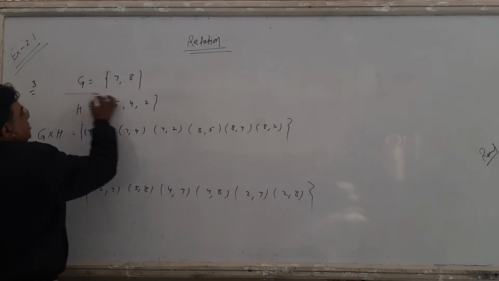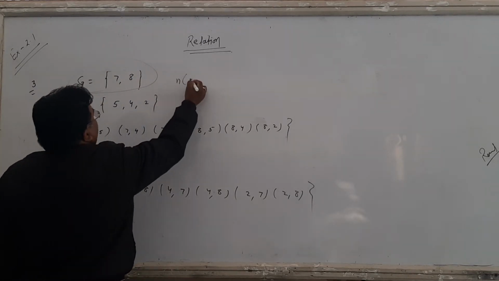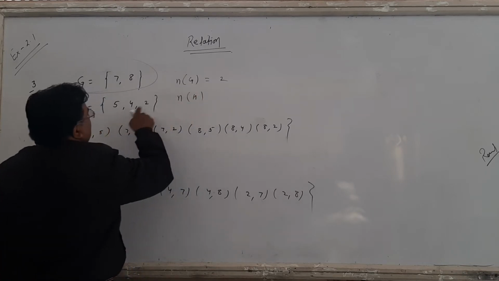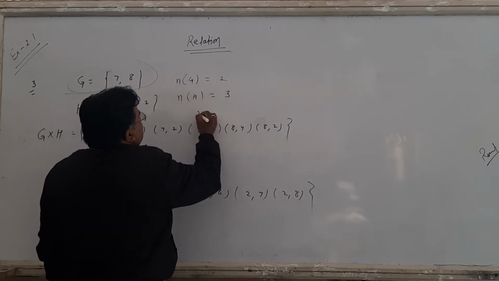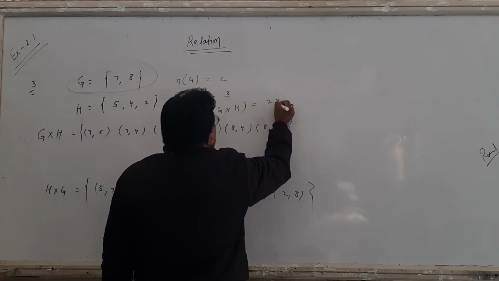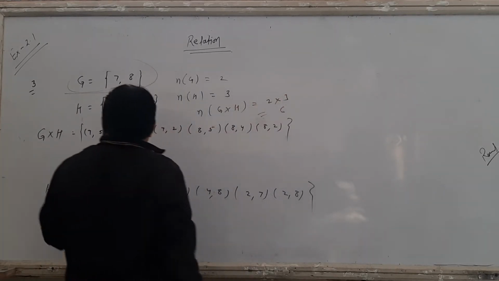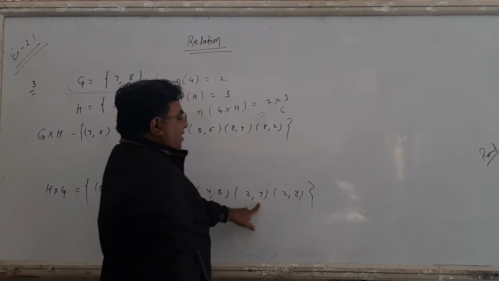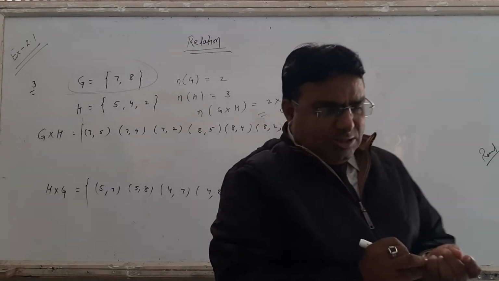The number of elements in G is 2 and in H is 3. So the number of elements in G cross H or H cross G is 2 into 3, that is 6. There are 6 elements, right?